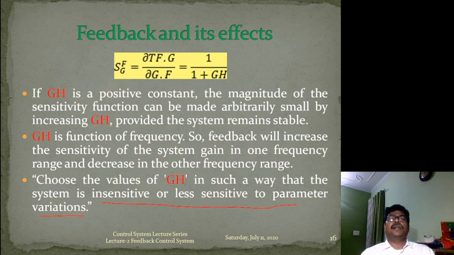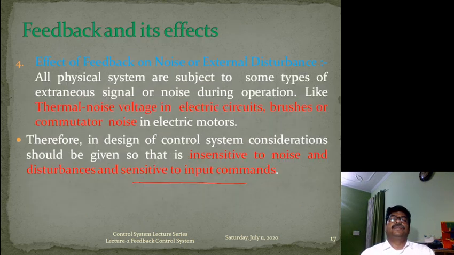So again here it will depend upon the range of frequency, means in one range of frequency it may decrease the sensitivity, in another range it may increase the sensitivity. So choose the values of GH in such a way that the system is very insensitive or less sensitive to the parameter variation.